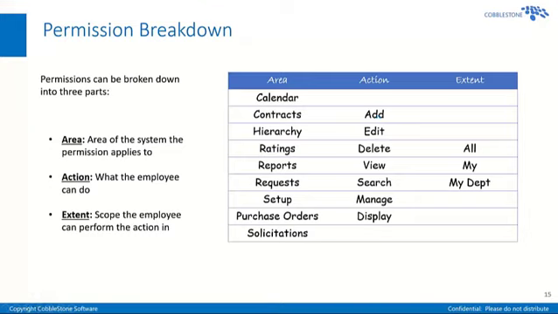We can build the restrictions in, remember, in that master reference data restriction up higher in the actual build of the security group. But we've got these for all of the major areas within here: calendar, contracts, hierarchy, requests, setup, etc. Action, and then extent.